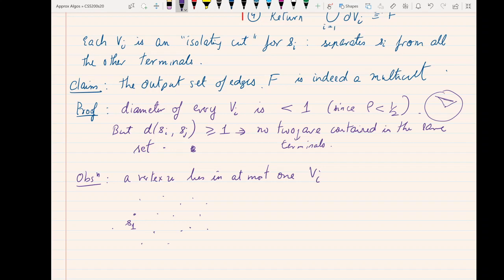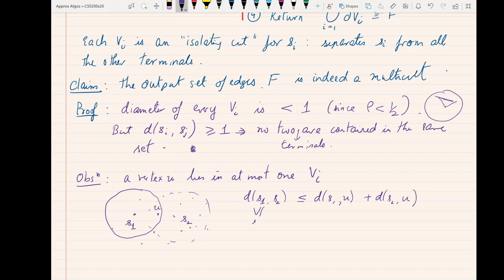You have S1 and you have S2, right? Now, S1 throws a ball of random radius around it. Let us take a vertex u. I claim that u cannot lie also in the ball around S2 if it already lies in the ball around S1. The reason is simply because we have d of S1, S2 is less than or equal to d of S1, u plus d of S2, u.